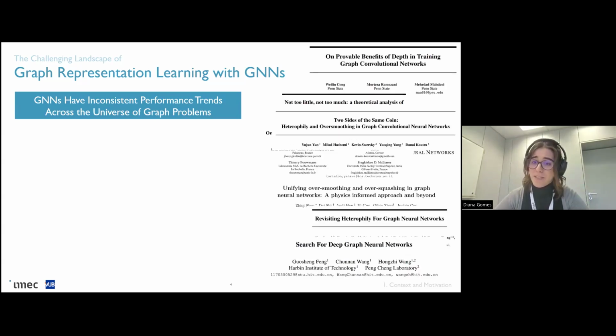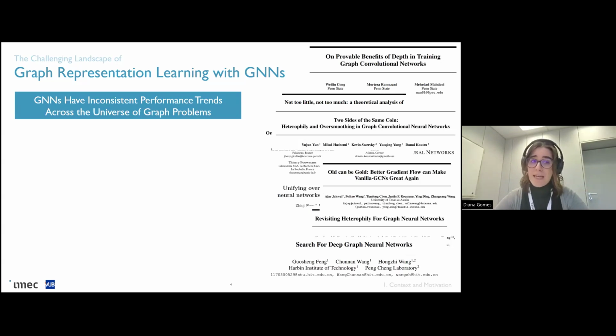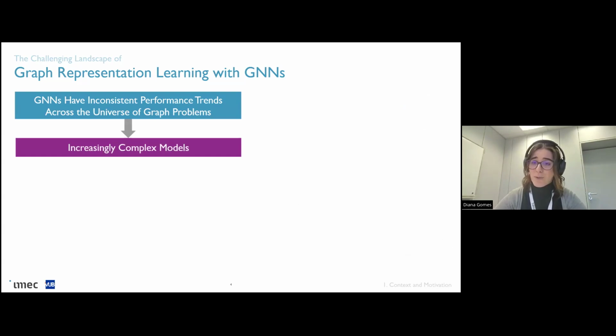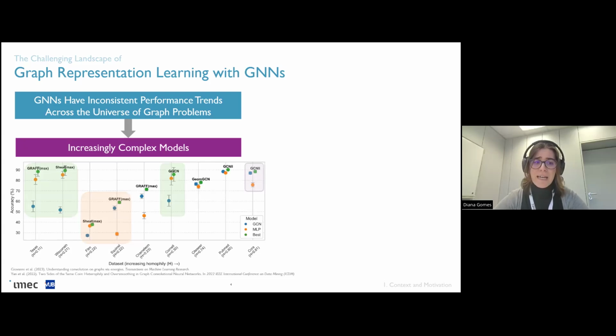And there's been plenty of research into it, but what I managed to conclude actually is that we were deriving increasingly more complex models. And I have here a bit of a benchmark just to give us an overview of what I am considering these types of inconsistent trends.